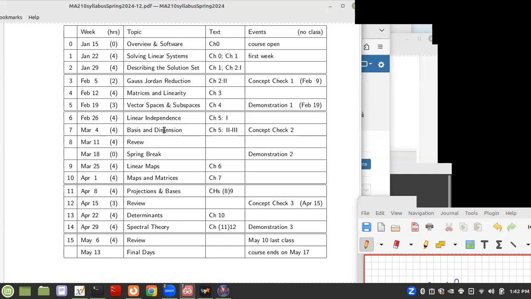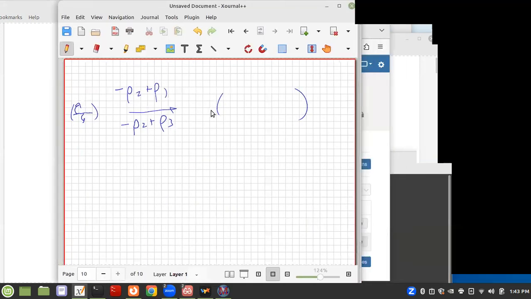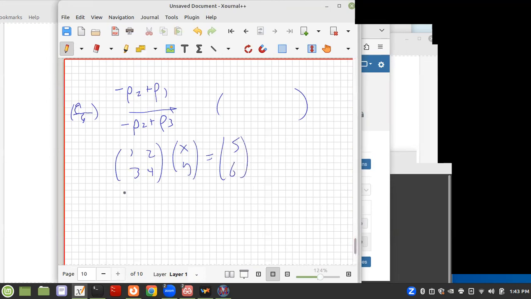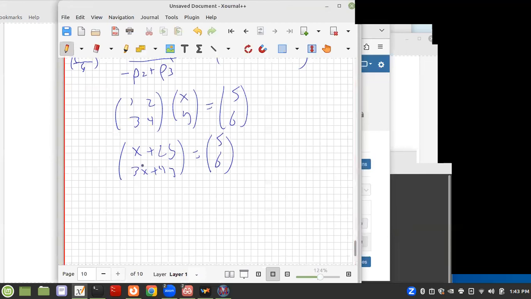If I have the matrix 1, 2, 3, 4 times x, y equals 5, 6, I can write this as x plus 2y, 3x plus 4y equals 5, 6. But I can also disassemble this and say this is x times 1, 3 plus y times 2, 4 equals 5, 6.